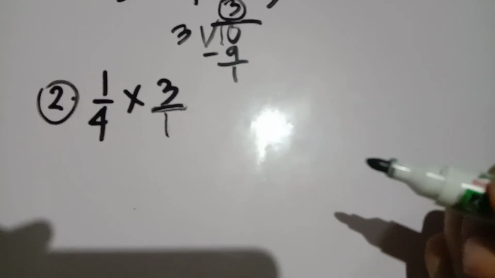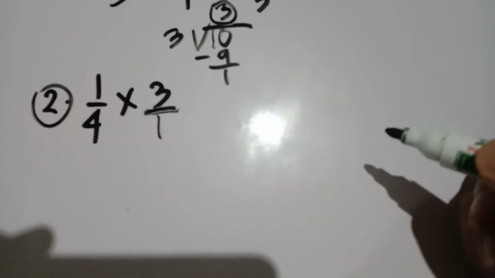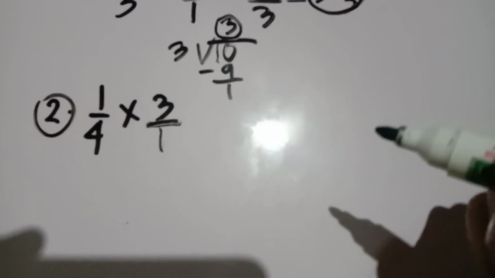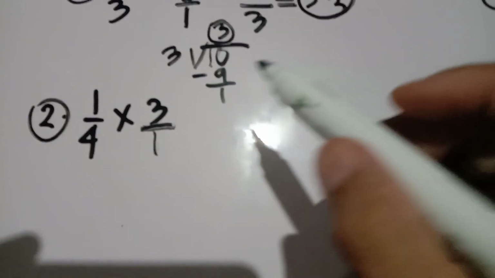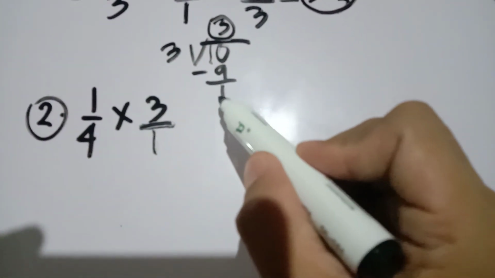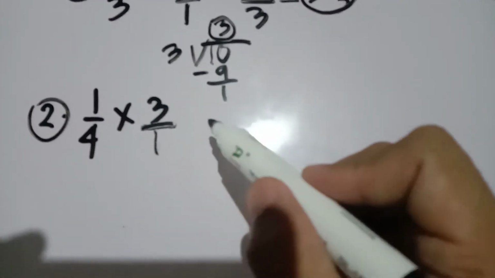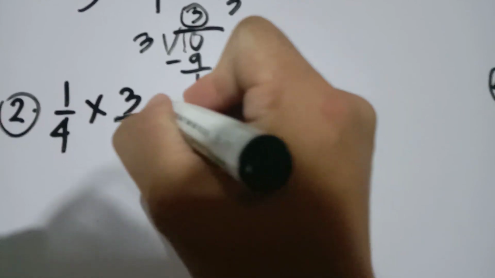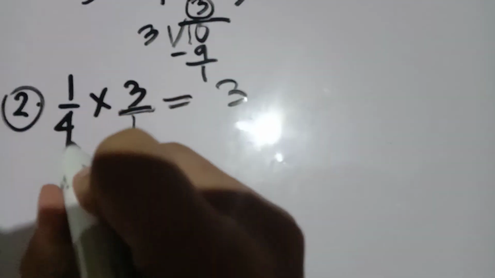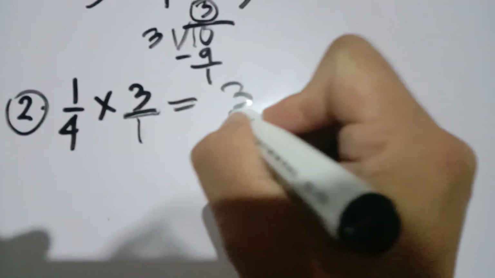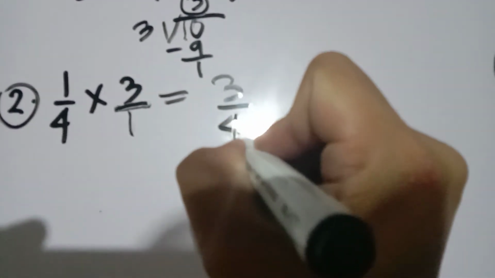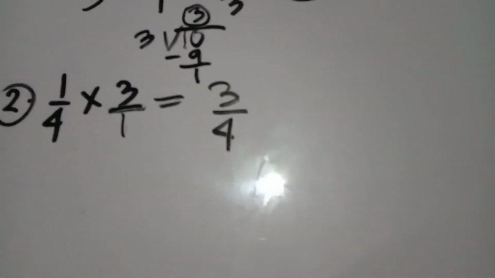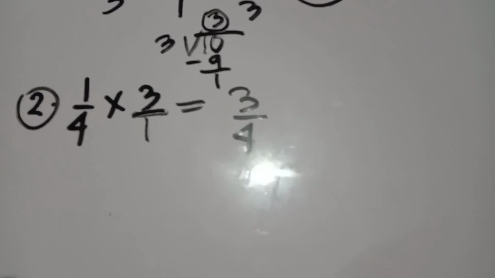Then, proceed to the steps in multiplying fraction by another fraction. Multiply the numerators, then multiply the denominators. So, 1 times 3, that is equal to 3. Then, 4 times 1, that is equal to 4. Okay, so the answer is 3/4.